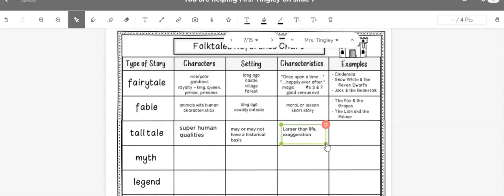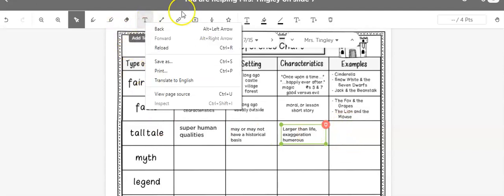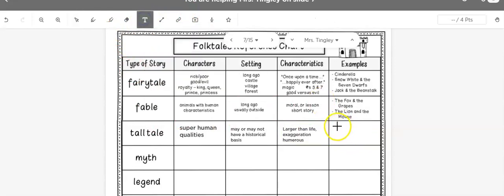Exaggeration, and they can be funny. They can be humorous. Now, one example that we're going to look at today is Paul Bunyan.